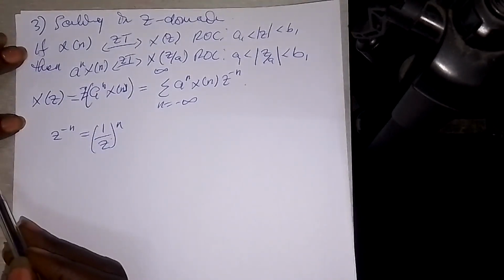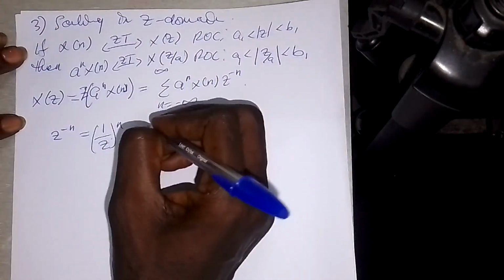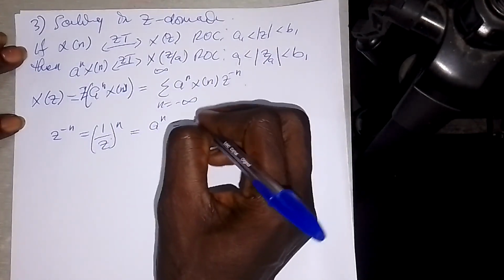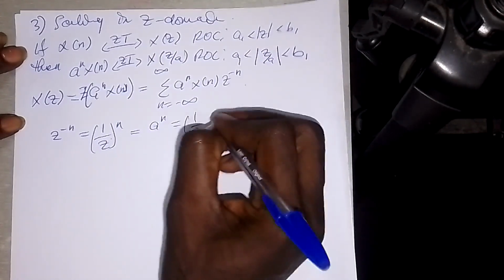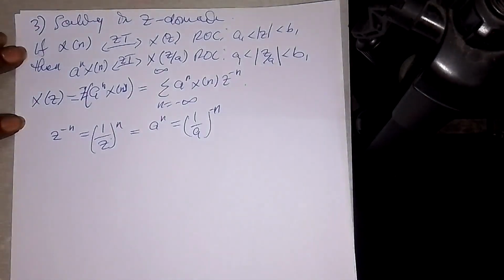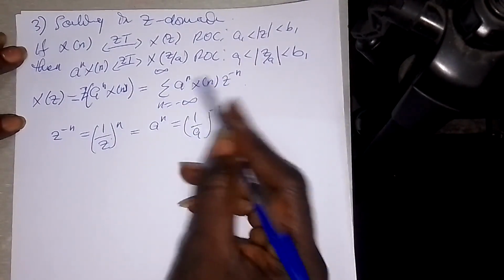You know that this is correct. All right. Then also, a to the power n is also equal to 1 over a to the power minus n.